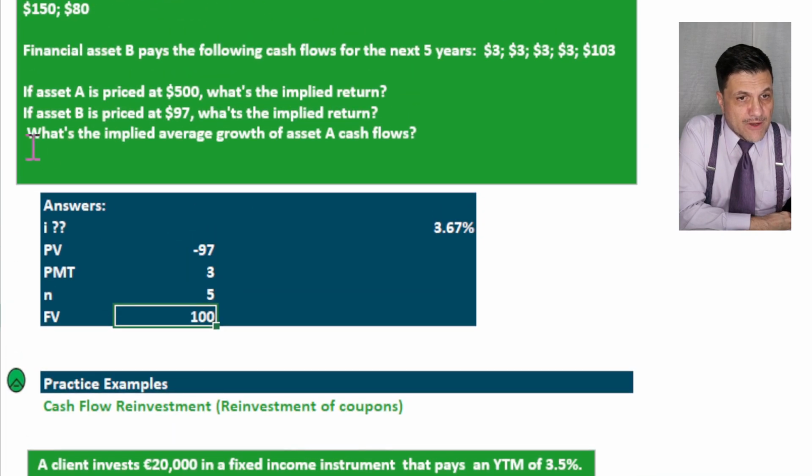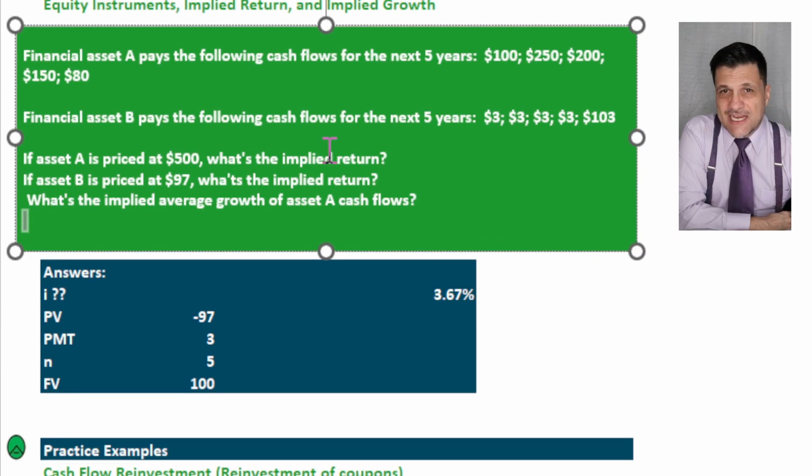All right. What else? What is the implied average growth of asset A cash flow? So try to digest this question. What is it asking you here? Look, the cash flow is going from 100, then 250, 200, 150, and 80.